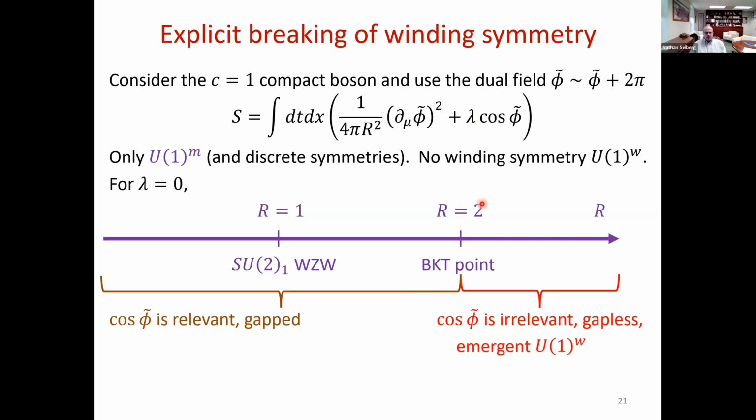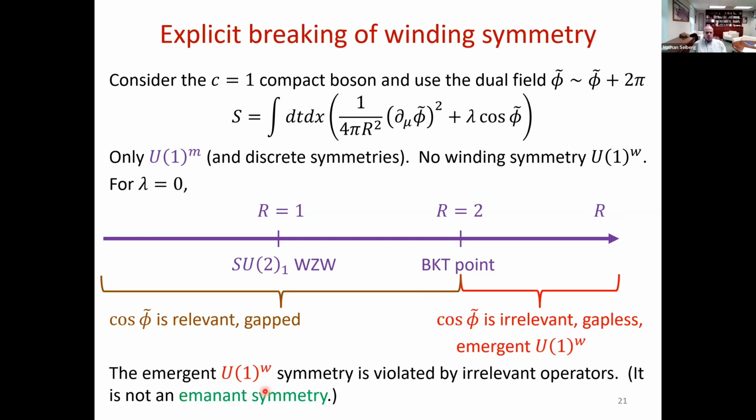So with non-zero lambda, we have a gapped system here and a gapless system here. And if we are here at large R, this U(1) winding symmetry is violated by an irrelevant operator. It's not an emanant symmetry, it's an emergent symmetry. This is the standard story. So everything on this slide is something that you studied when you studied field theory in 2 dimensions. This is completely standard and it's ancient.